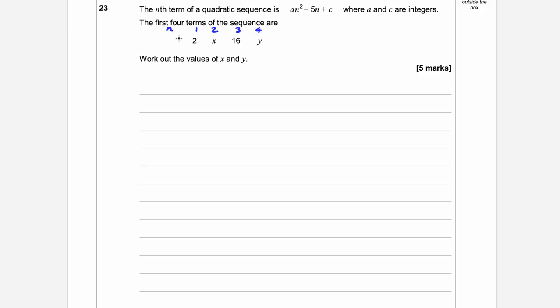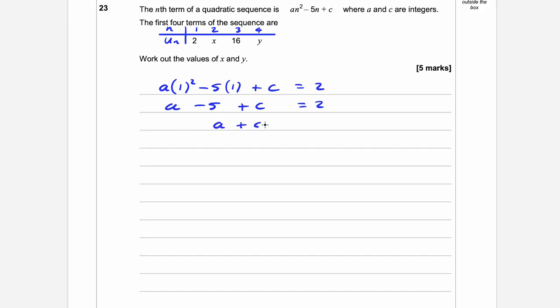This is like n, and this is like u of n, if you like. Okay, so when n is 1, u of n is 2. So that means a times 1 squared minus 5 times 1, plus c, equals 2. Sorry, there's a c there, which I forgot. That means a minus 5 plus c equals 2, which means a plus c equals 7, if I add this to this side.